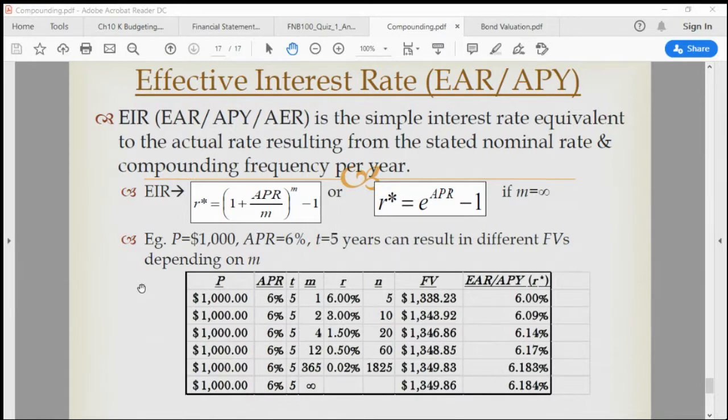But then the reason for, and I told you, we need some metrics or some way to compare the assets being held for different holding periods, right?